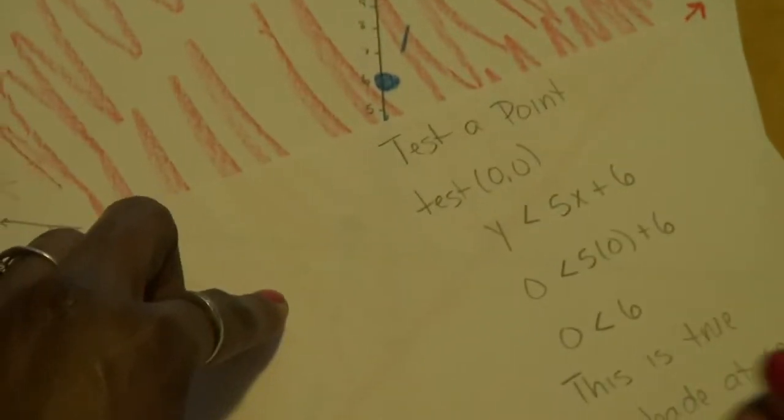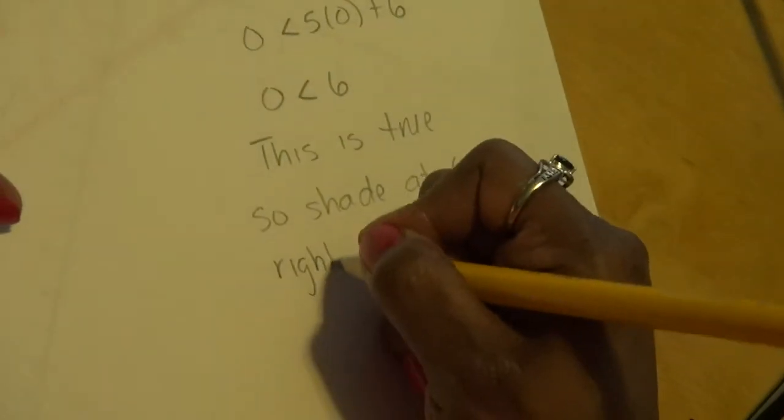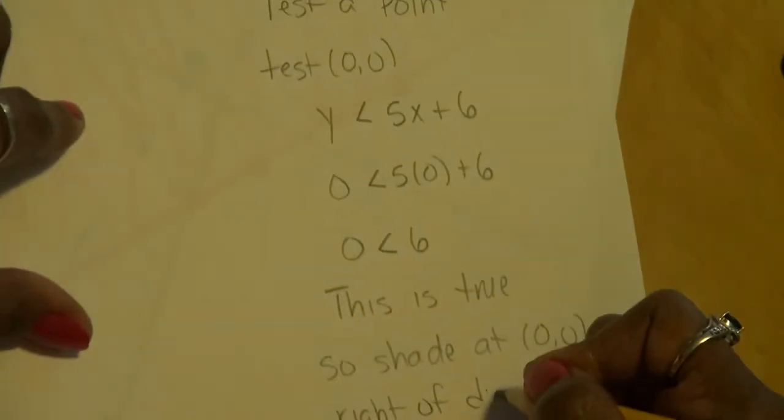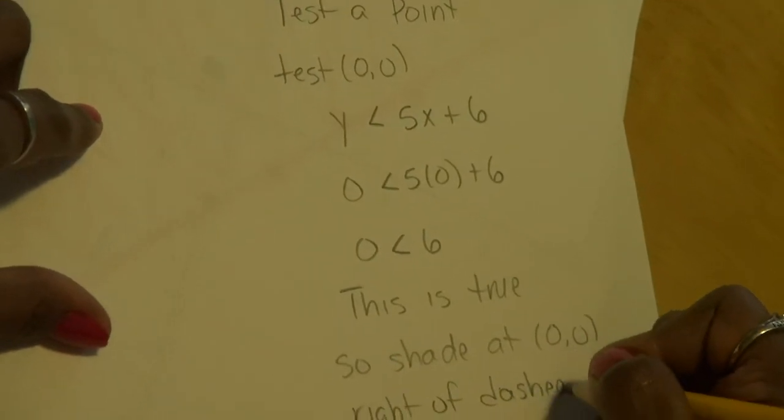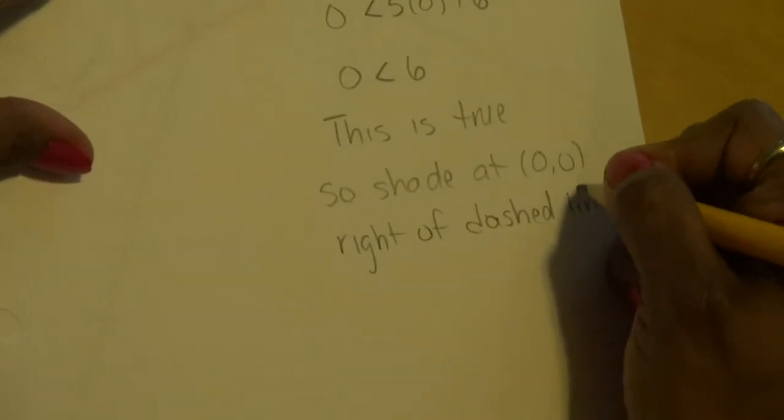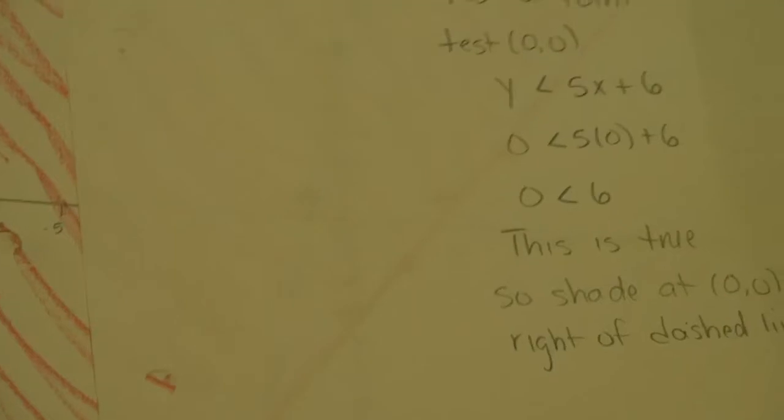So I plug in 0 for the y, and I plug in 0 for the x, and I get 0 is less than 6. And that is a true statement.